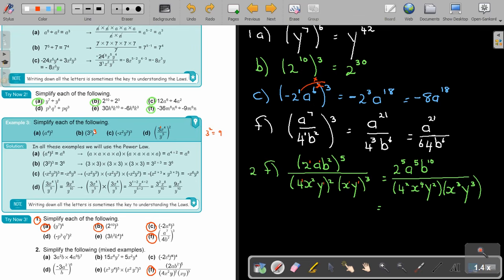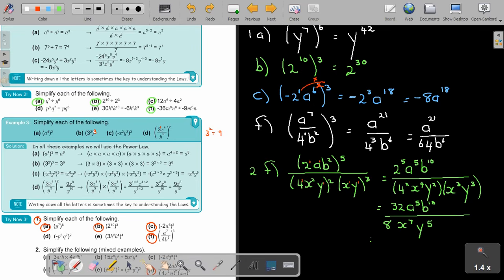I can simplify that: 32, so it's a5, b10, and this is going to be 8. Now x4 times x3, now it's multiplied, so I add the exponents, and y to the power of 5. And then I'm going to simplify it further: 8 can go in 1, 8 can go in 4.